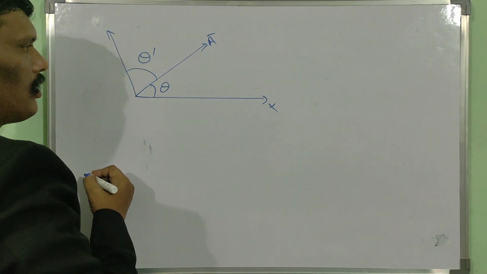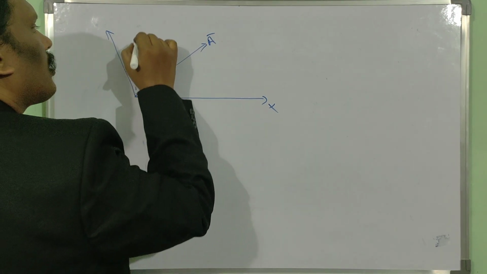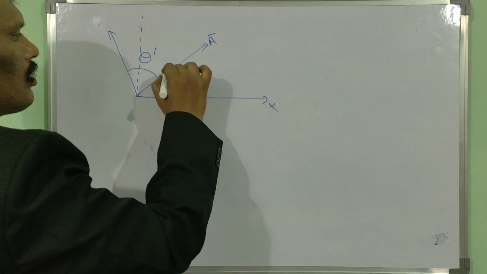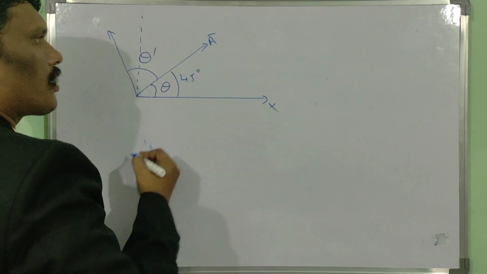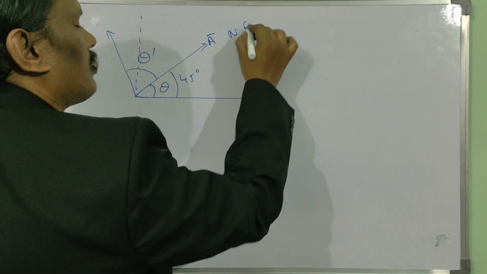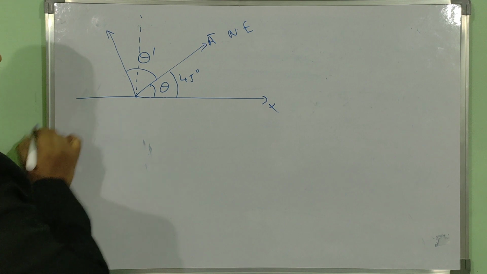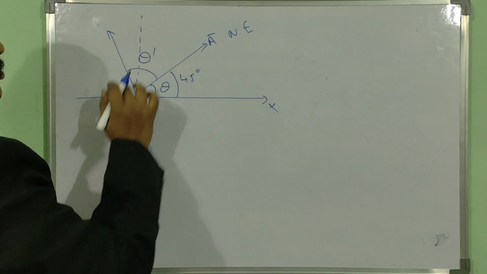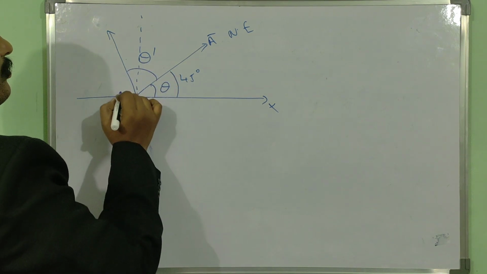Just imagine. Suppose this is the perpendicular, and suppose this angle is 45 degrees. Then what is this vector's direction? Northeast. Suppose I extend like this and assume this is also 45 degrees from here.